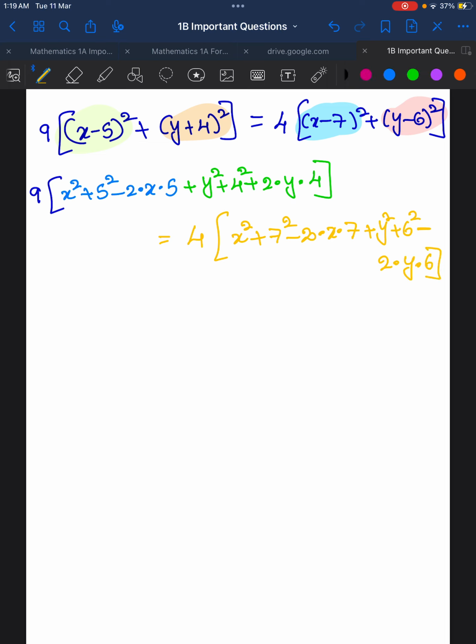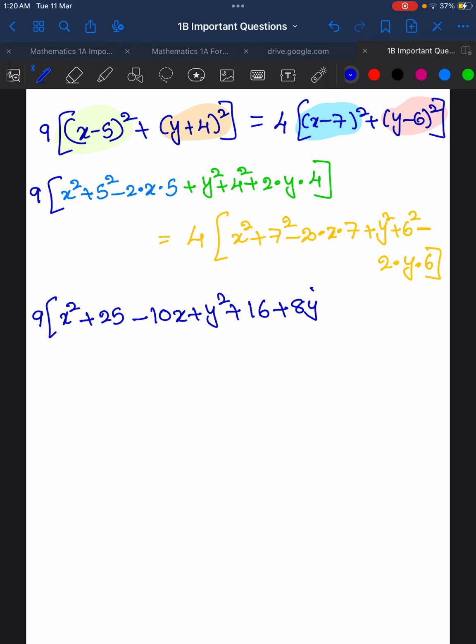Now if I simplify this, what am I getting? 9 times x square plus 25 minus 10x plus y square plus 4 square means 16 plus 2 into y into 4, that is 8y, is equal to 4 into x square plus 7 square means 49 minus 14x plus y square plus 6 square means 36 minus 12y.